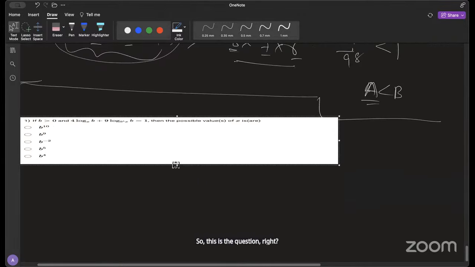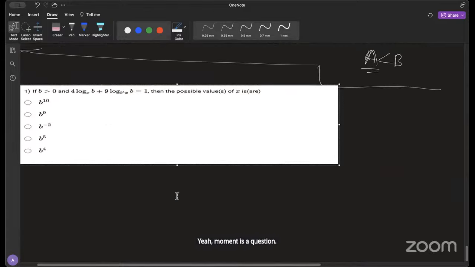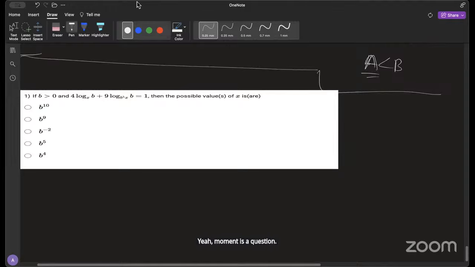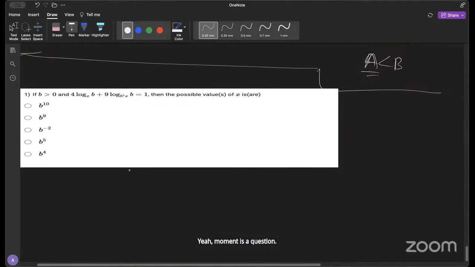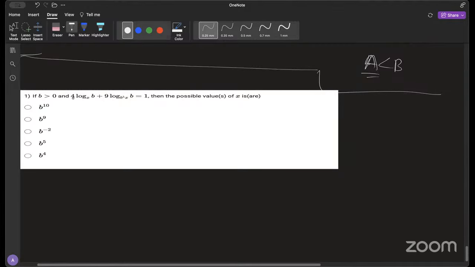Yeah, ma'am, this is the question. So b is given to be greater than 0, and then you've been given this equation. The possible values of x you're being asked.